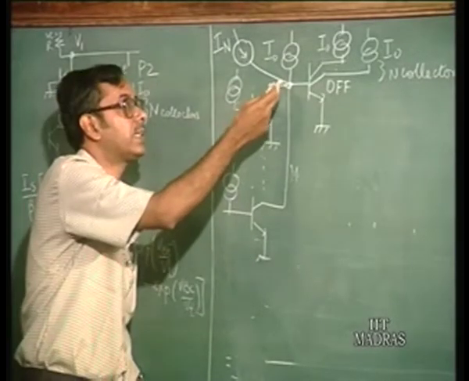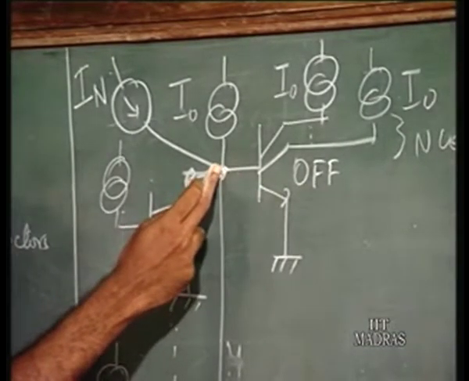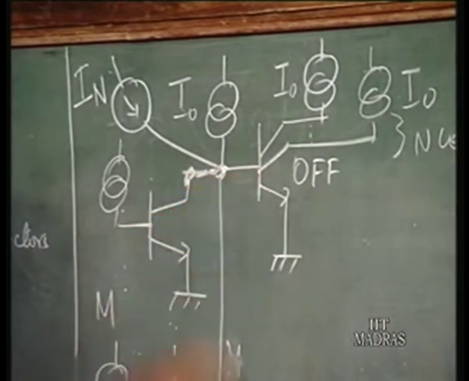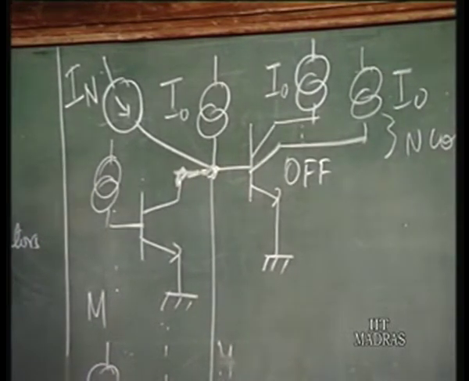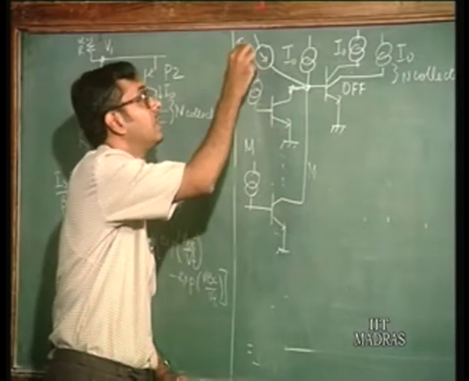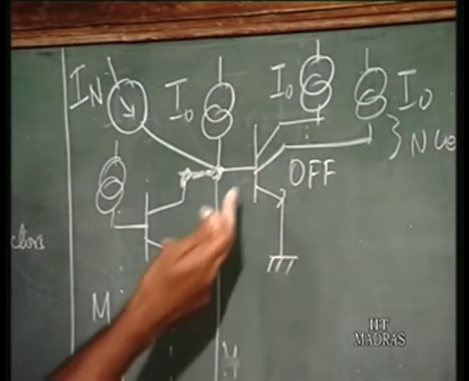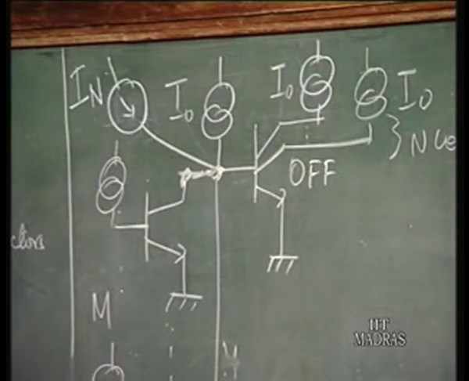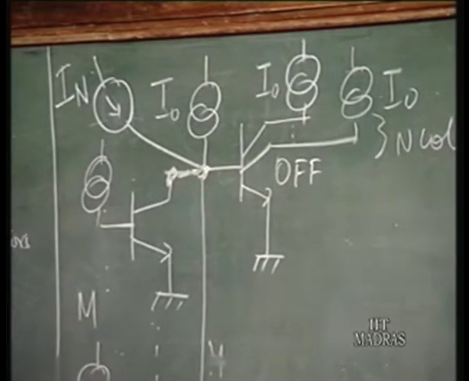But if this current becomes sufficiently large at this node, then this base may get sufficient current to turn it on from the off state. The value of this current which turns this transistor on is defined as the noise margin in this case.